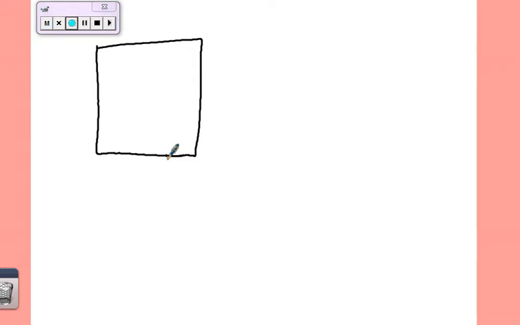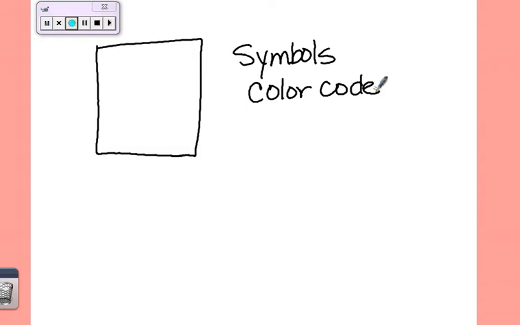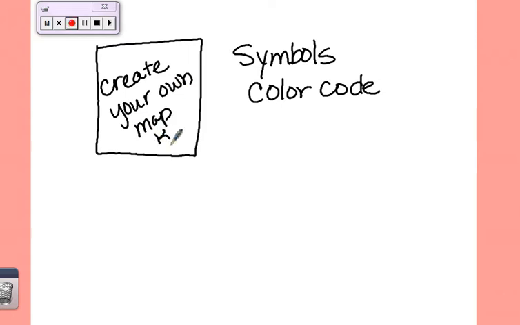I'm not going to tell you the symbols to use, but you do need to use symbols for water or a river, and you need to color code, just like you would if we were doing this. You are going to create your own map key, and I will be looking for that on your map.